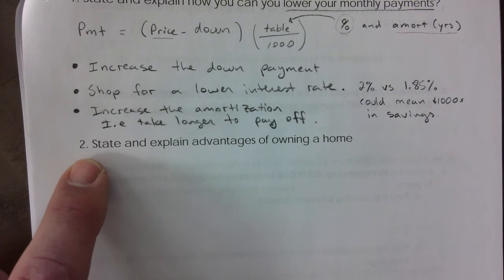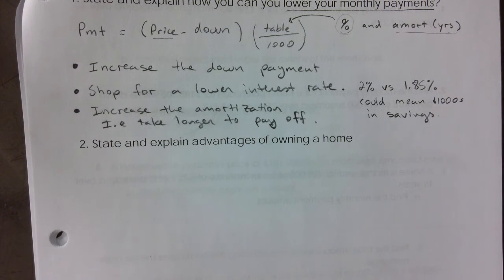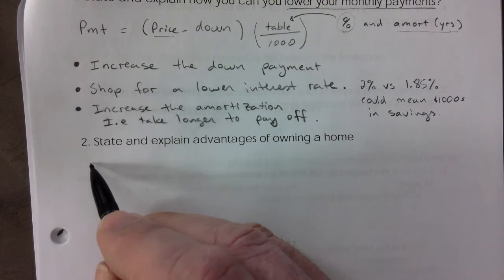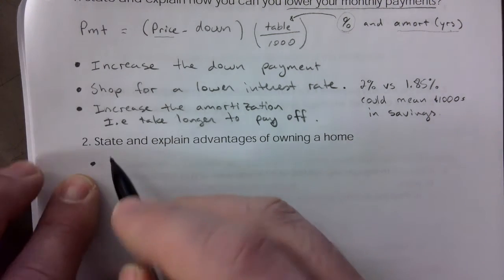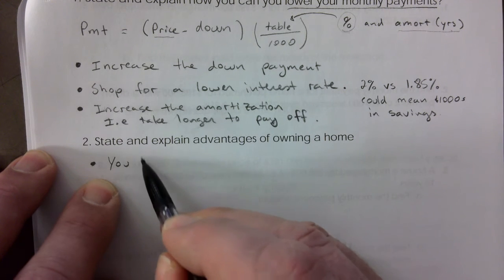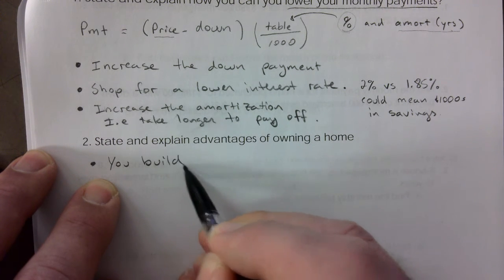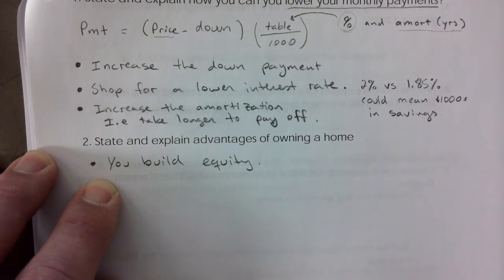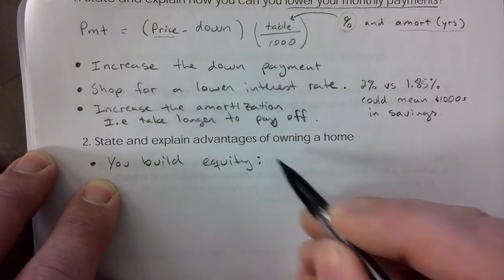Okay, number 2, state and explain advantages of owning a home. So the biggest one is you build equity, right? And I will explain.